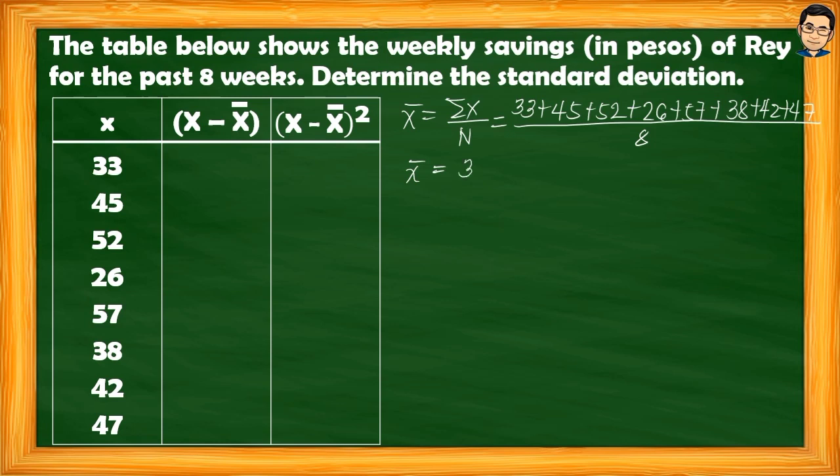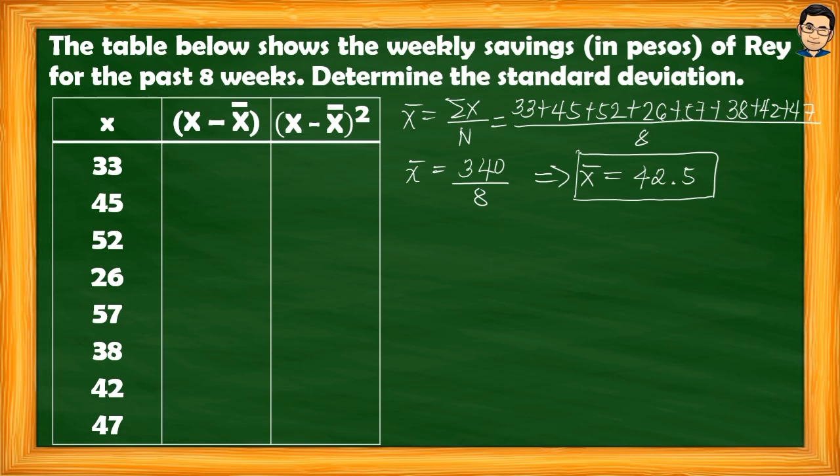So, 340, i-divide natin sa 8. Kapag dinivide natin yung 340 by 8, ang makukuha nating mean is 42.5. Okay, so yan po yung ating mean. Ibig sabihin, yun yung average weekly savings ni Ray.